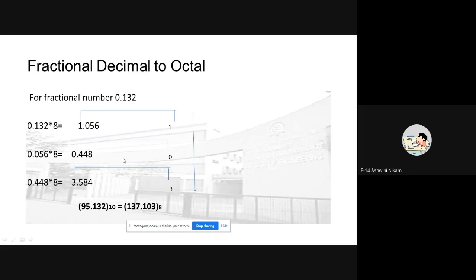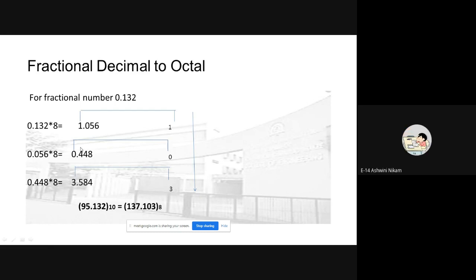Excuse me, ma'am. Yes. In this, can the integer be more than 7? Means when we multiply by 8, can the answer be more than 7? No. It can't be more than 7 as a carry. Here the carry is generated, and your carry will always be less than 8.